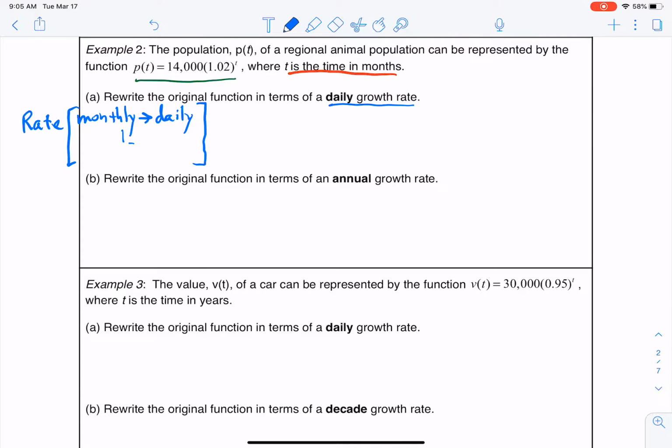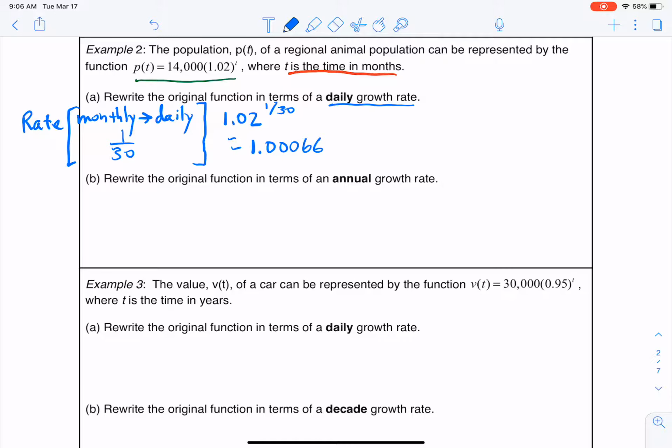So 1 day makes up 1/30th of a month. So I'll take that 1.02, I'll raise it to the 1/30th power. All right, again, you need to go to Desmos to calculate this, but when I do, I get 1.00066. So that's my daily growth rate.